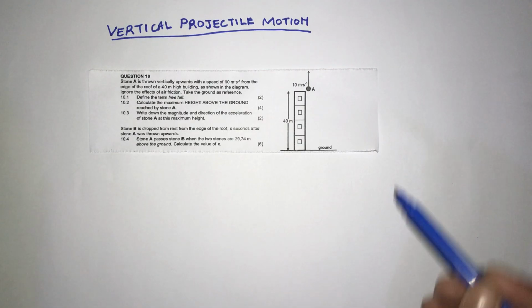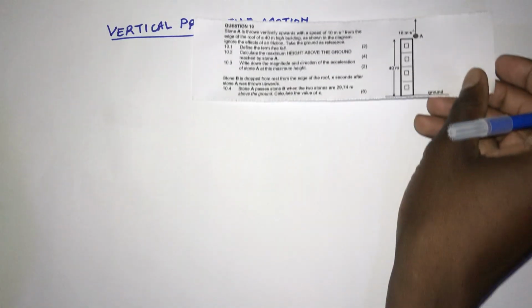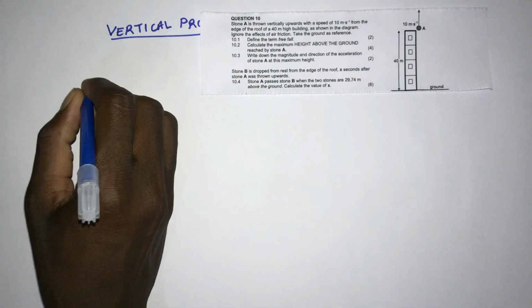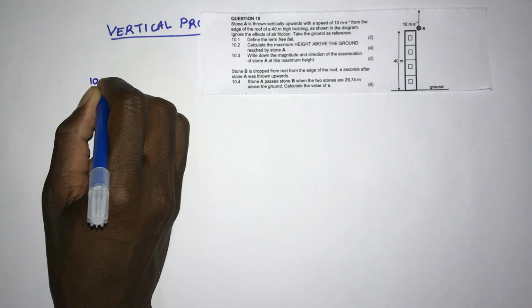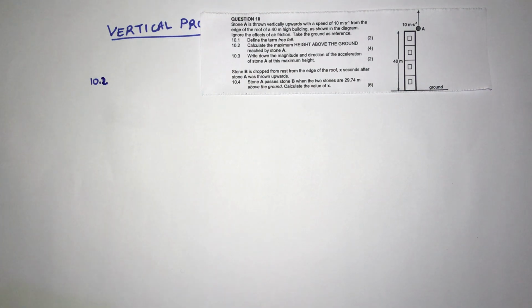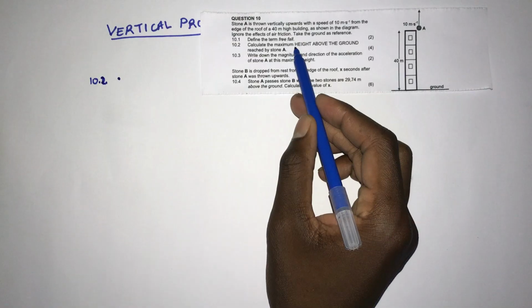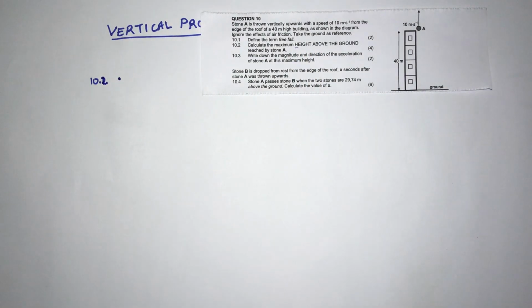Since stone A was projected upwards, obviously it's going to reach a maximum height. When it reaches the maximum height, the velocity up there is 0. So we are looking for the height.